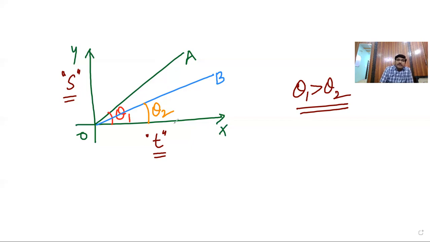And when theta 1 is more, the slope of line OA is more than the slope of line OB. Slope is nothing but velocity, so the velocity of line OA is more compared to the velocity of line OB.